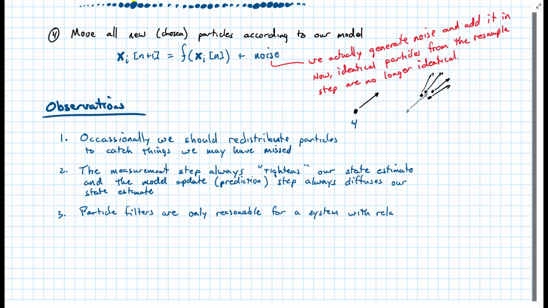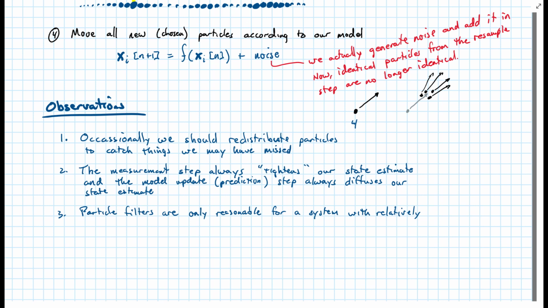And the reason for this is we need to have enough particles to represent an approximate distribution of a system. In one dimension, maybe that's 30 particles and we can get a reasonable view of it.